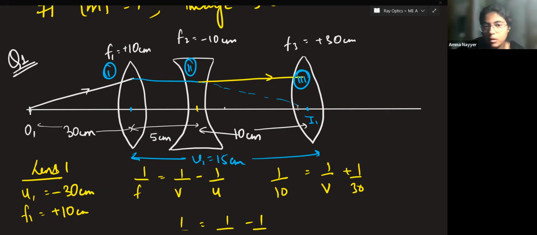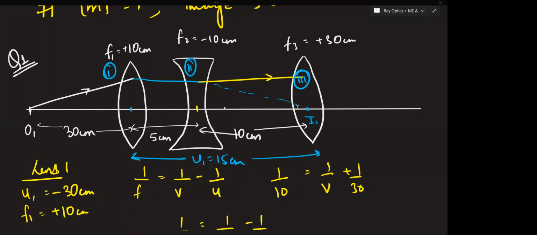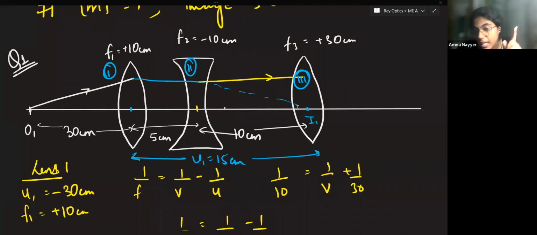Are you people not at all studying? It is at infinity. From infinity rays are coming. So where will it converge? If the rays are coming from infinity, they are parallel to the principal axis. Where will it converge? You studied reflection. Reflection and refraction both have the same concept.